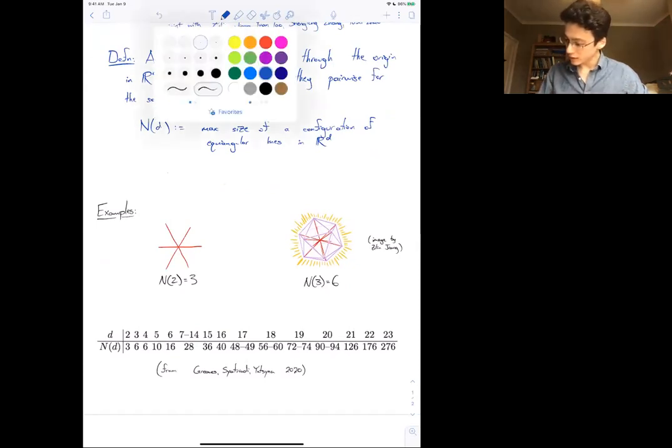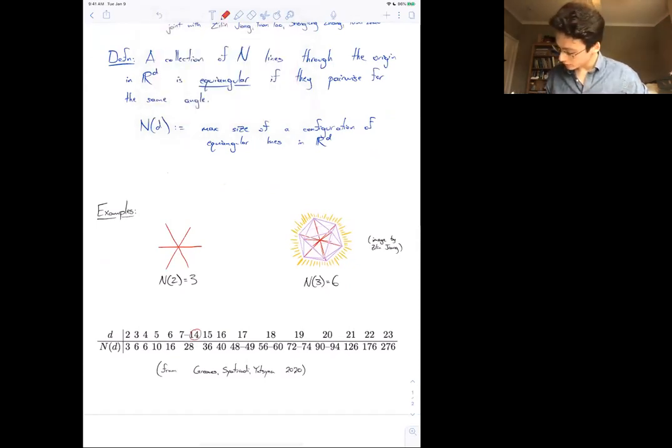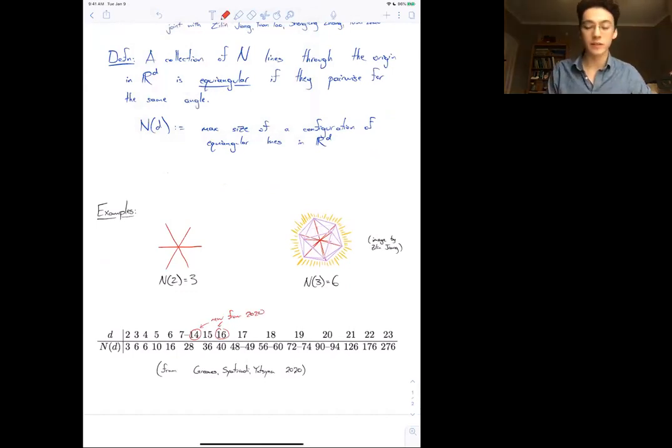Note that a couple of these small ones, even dimension 14 and 16, are new results from last year. And once we get up to dimension 17, the right answer isn't even known. So there are people still studying this kind of problem, and there's lots of interesting work to be done here. But in this talk, I'm going to be much more interested in asymptotic results. So things like what's the order of growth of n of d as d goes to infinity.